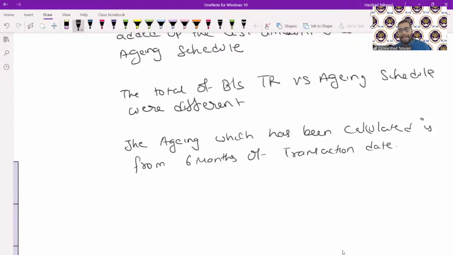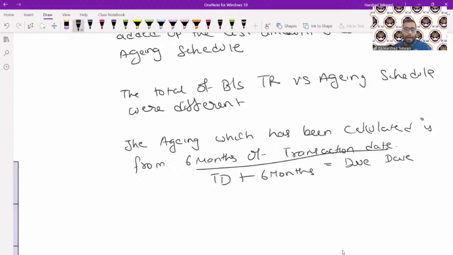So what the company did is the company took a due date. This is a due date. The company took a due date which is transaction date plus 6 months. Now this was not the case. They have taken a generic period.